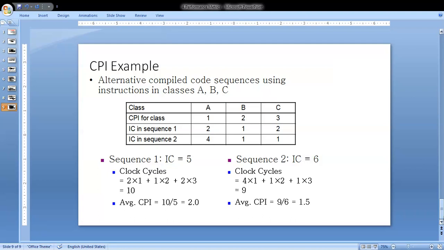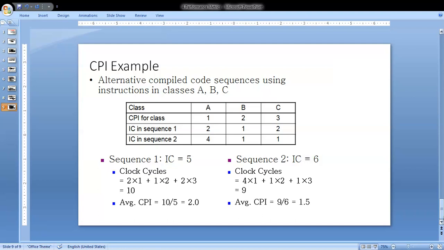In the table we can find the CPI for classes A, B, and C, the instruction count in sequence 1 for A, B, and C, and the instruction count for sequence 2 for A, B, and C. So instruction sequence 1 has IC equal to 5, and instruction sequence 2 has IC equal to 6.